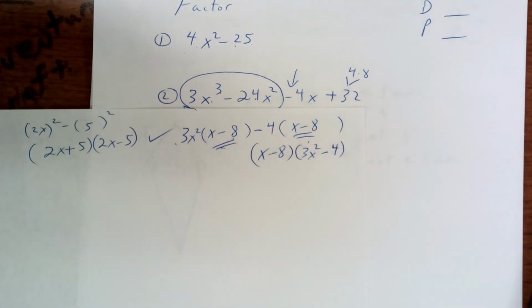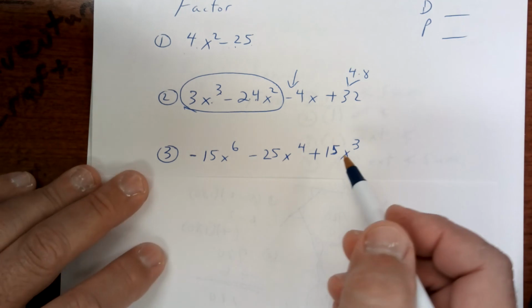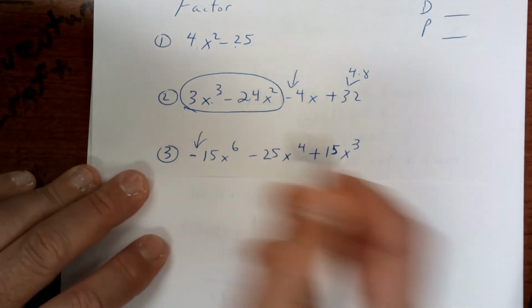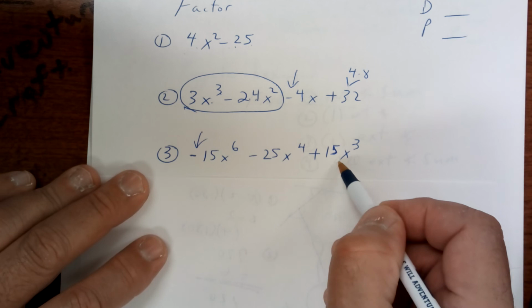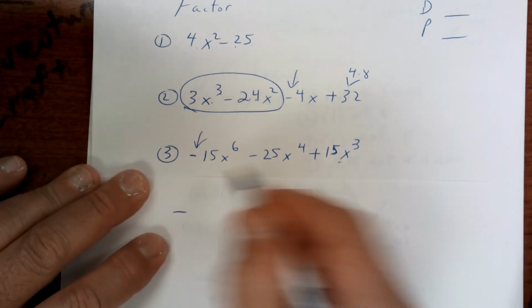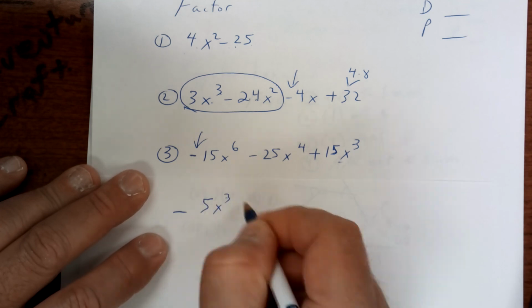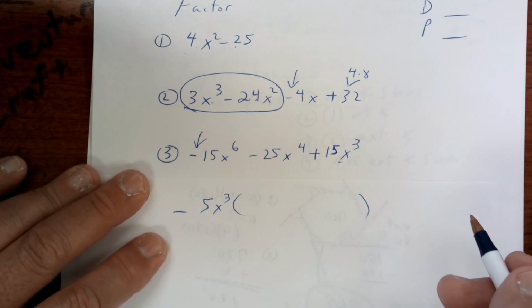All right, the last one here, it's 3 terms. Your first one's a negative. You have to pull out a negative, okay? I guess you could put this one first. So you're looking to see what they all have in common. I think they all have a 5, and they all have 3 x's. So this one is just purely the greatest common factor here.